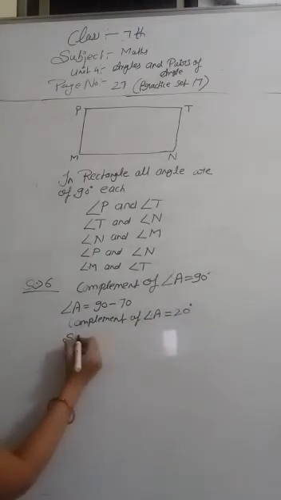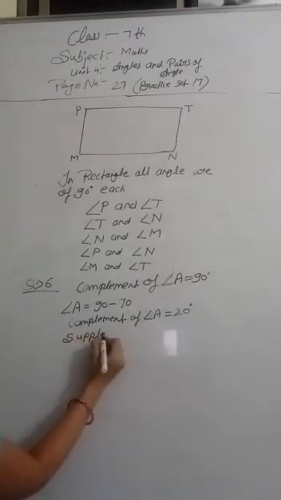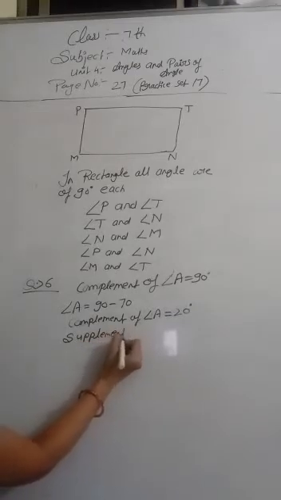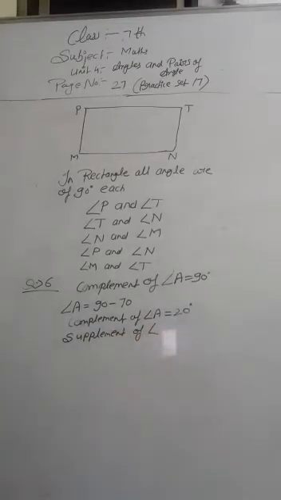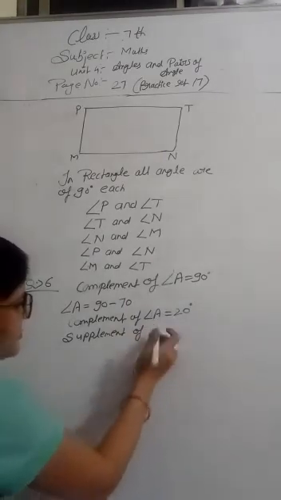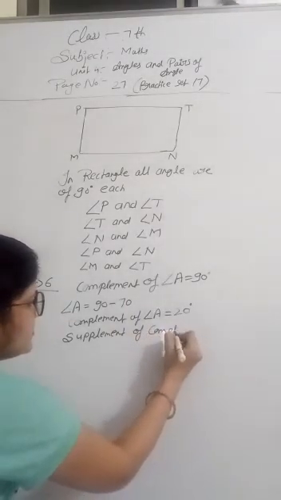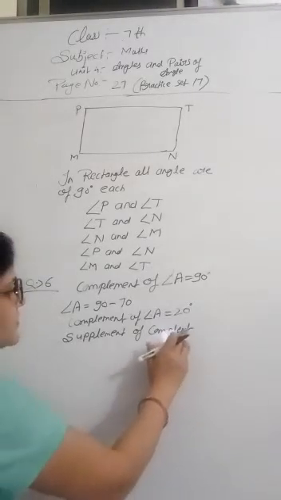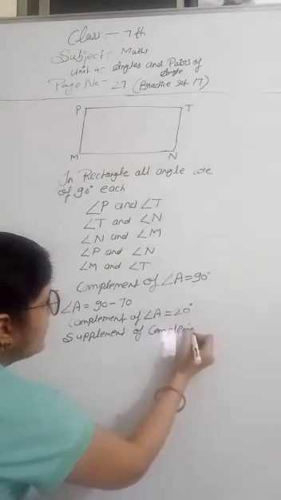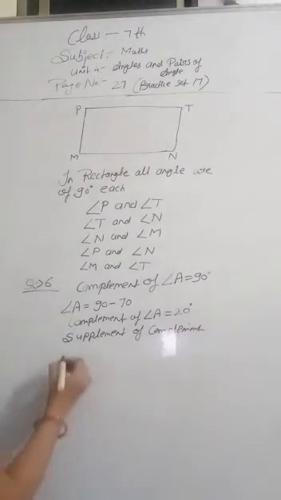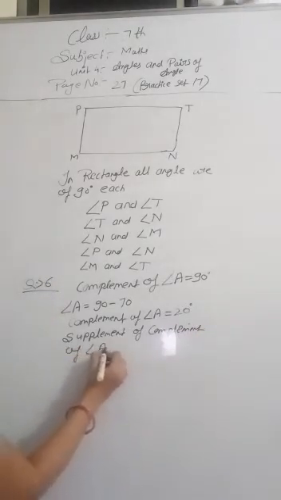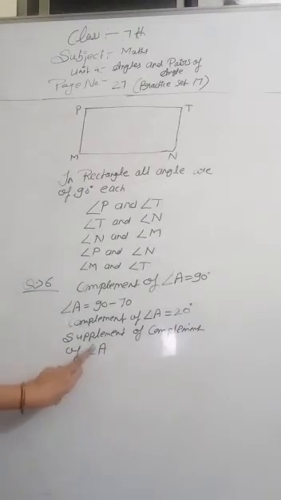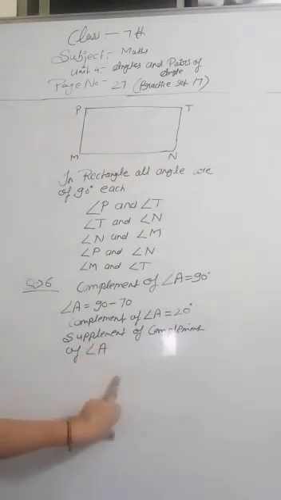Now we will find the supplement of the complement of angle A. What are supplementary angles? When the sum of two angles is 180 degrees, it is called a supplementary angle.